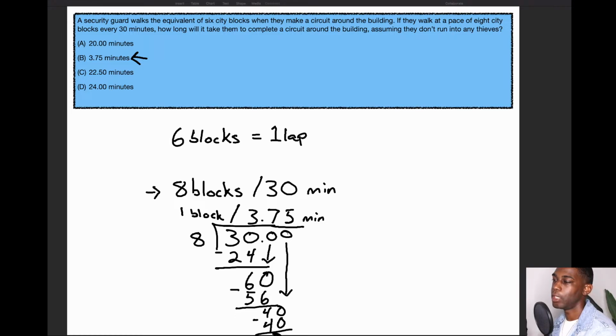So we have to take this 3.75, right? And do something with it. Okay. So he goes 1 block every 3.75 minutes. Okay. So how many blocks is equivalent to 1 lap around the building? Well, we wrote that down in the beginning. All right. This guy needs to go 6 blocks to add up to 1 lap. All right. So what do we do? We take this 3.75.